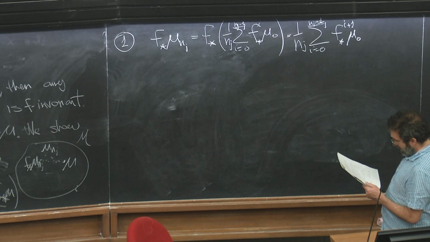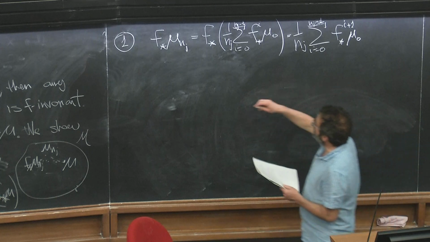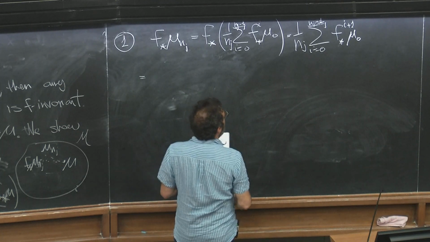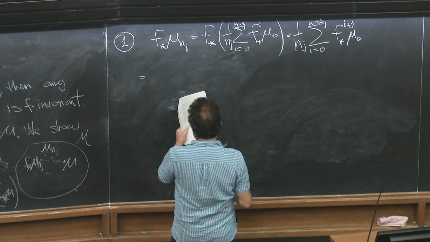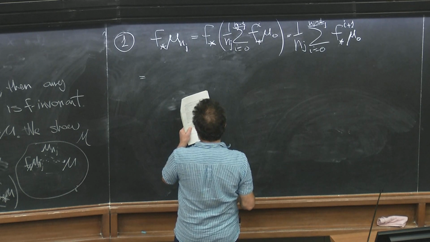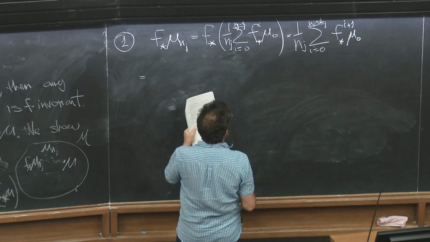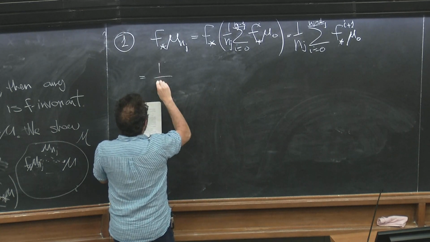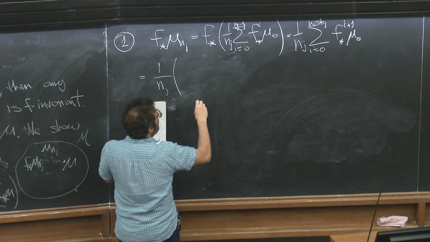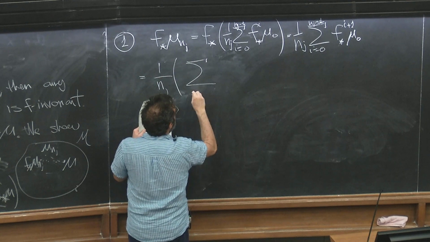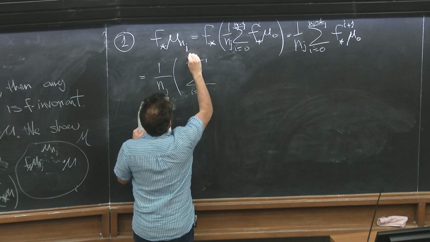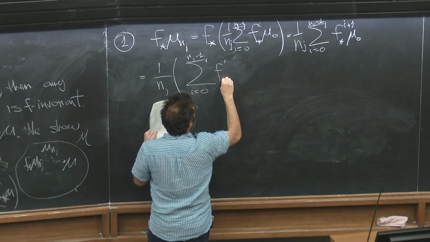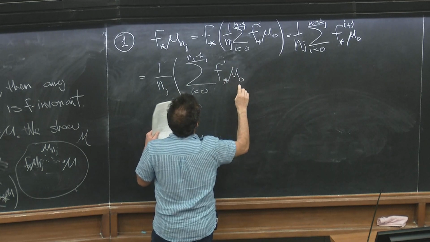And then the way we are going to decompose this is, okay, it's easy to see that we can write this as 1 over nj times the sum i equals 0 to nj minus 1 of f i star mu 0.